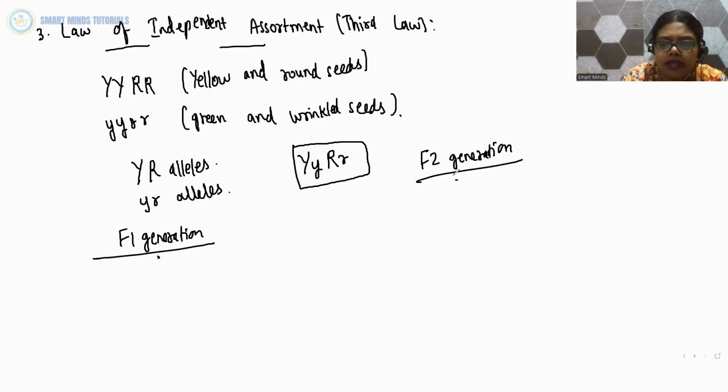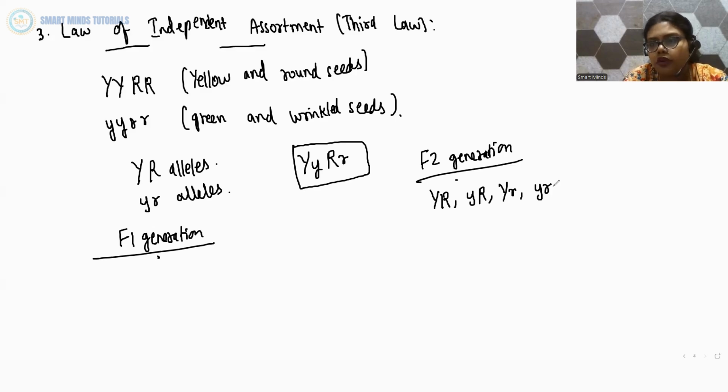So the F1 dihybrid plants produced four different types of gametes, that is capital Y capital R, capital Y small r, small y capital R, and small y small r. We can predict the genotypes of F2 plants by placing these gametes along the top and side axis of a 4 by 4 Punnett square and filling in the boxes to represent genotypes of the plants.